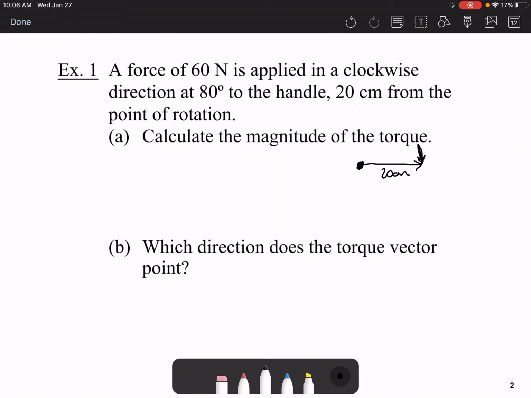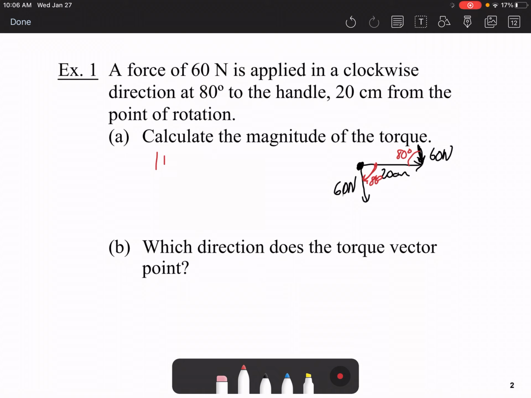And this is 60 newtons at an angle of 80 degrees. So this angle is 80 degrees. Meaning if we move the 60 Newton force here, this is also 80 degrees. Now realize it's rotating from this point to this point.